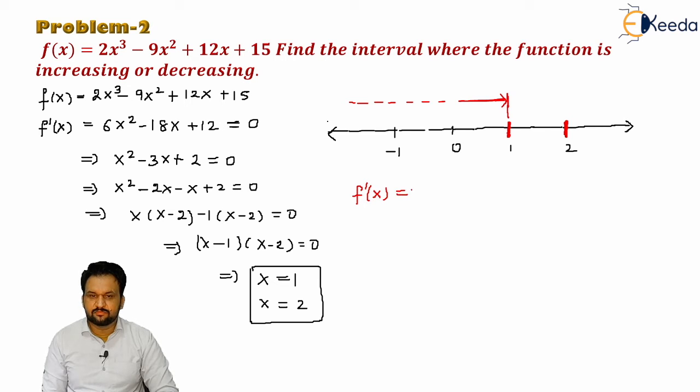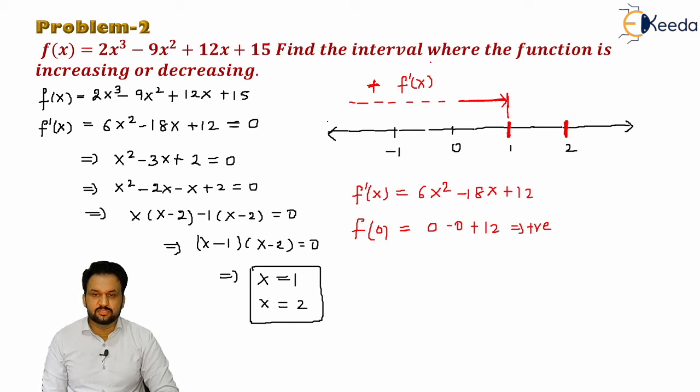My f dash x was 6x square minus 18x plus 12. I'm just taking 0 here, so it becomes 0 minus 0 plus 12. So it gives a positive value. So your f dash x will be positive here. Am I right?